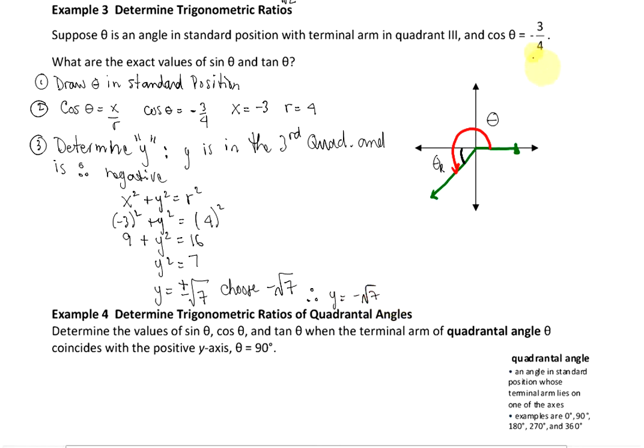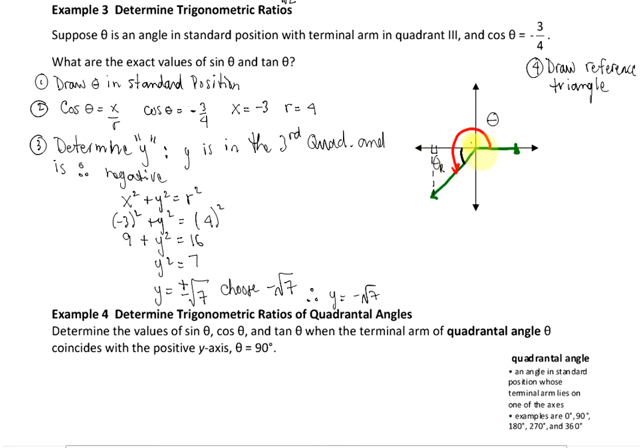Okay, next we are going to draw our reference triangle. So bring a line perpendicular from your terminal arm up to the x-axis.